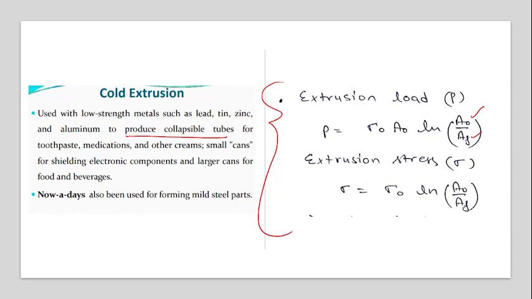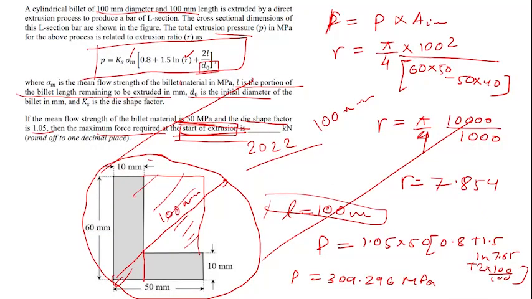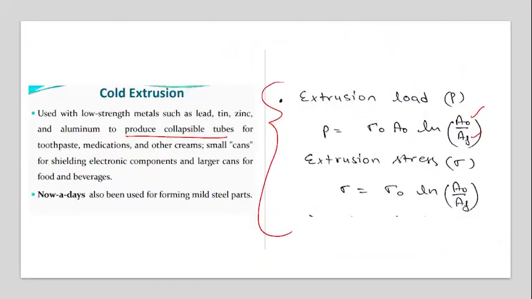This extrusion ratio alone was enough in this question. Yeah, I took this question because it looks very big. It is a recent 2022 question, but how simple this question is, right? If you know the extrusion ratio and what you actually need to find, other questions will be easier.